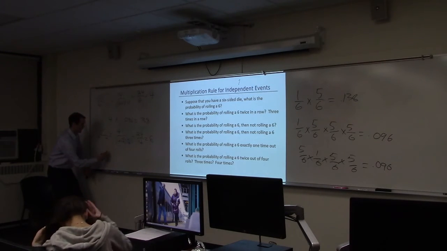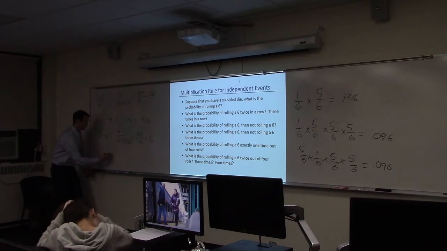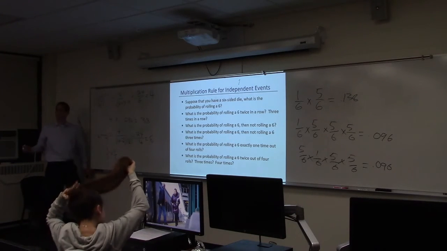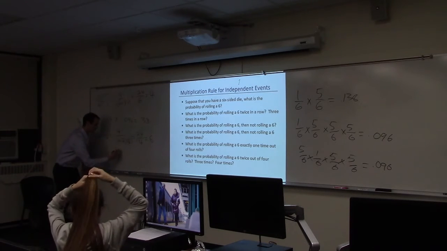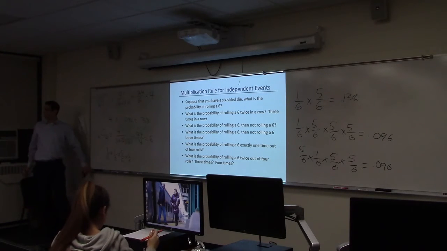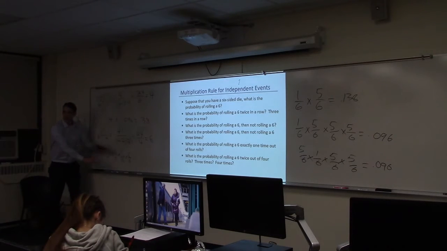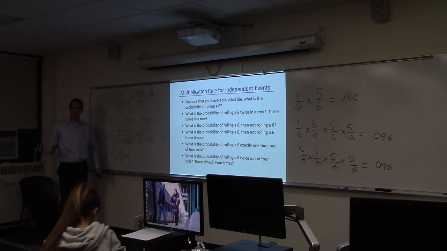So it might happen that we get a 6 the first time, probability there is 1/6. A 6 the second time, probability there is 1/6. Not a 6 the third time, and not a 6 the fourth time. That's a way it could happen, right? And there are 6 different ways that that could happen, and I would just rearrange all that. Okay, so 1/6 times 1/6 times 5/6 times 5/6.